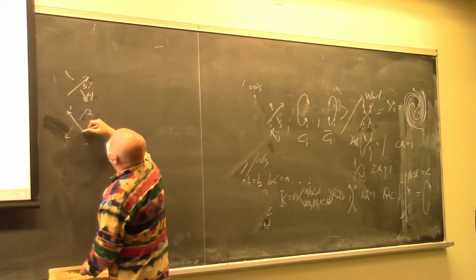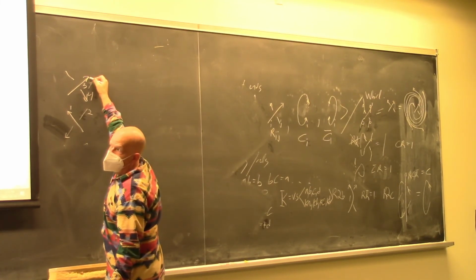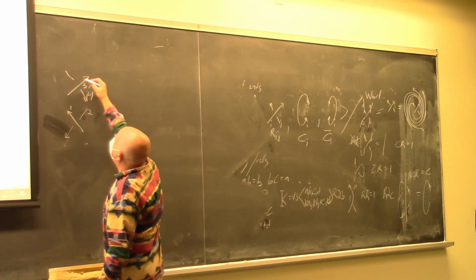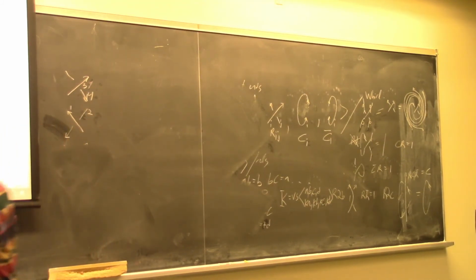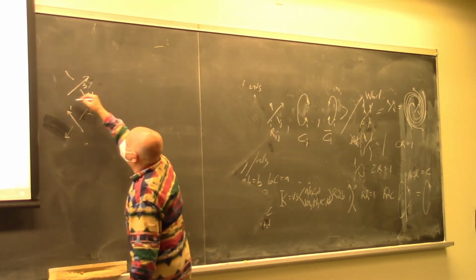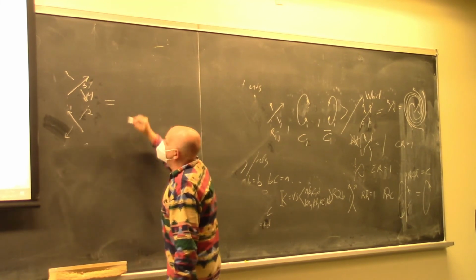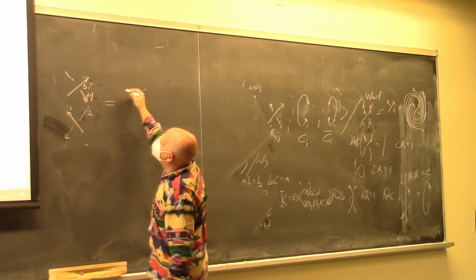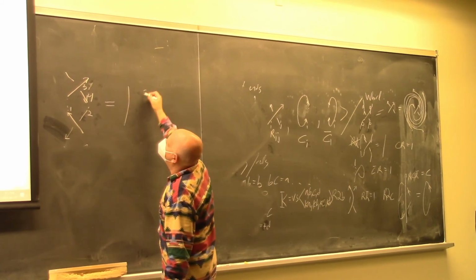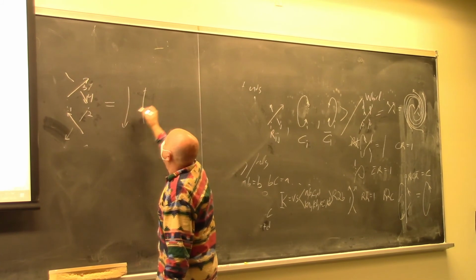So I'm stitching 1 to 3, calling the output 1, and 4 to 2, calling the output 2. So basically I'm stitching this way, right? And this should be equal to, well, this is just a Reidemeister 2, so it should be equal to that, namely this.